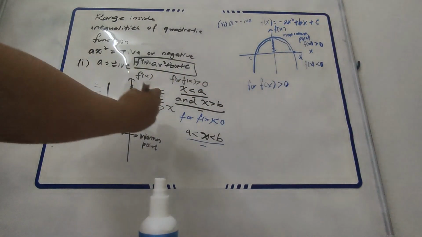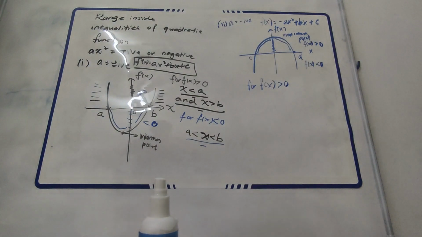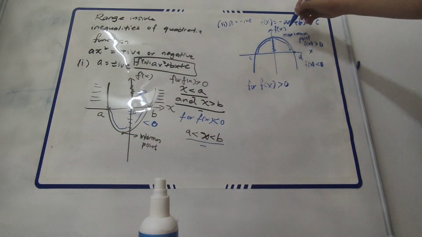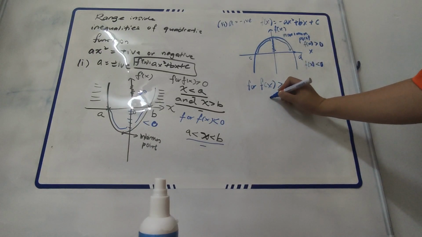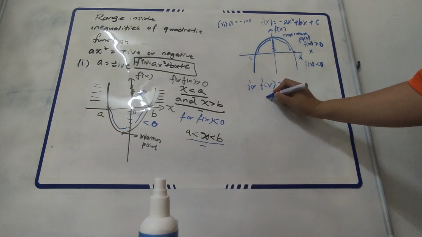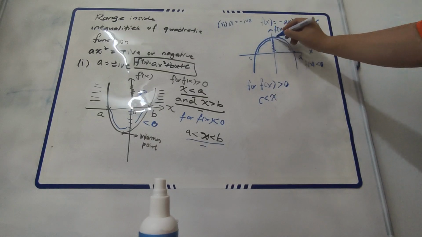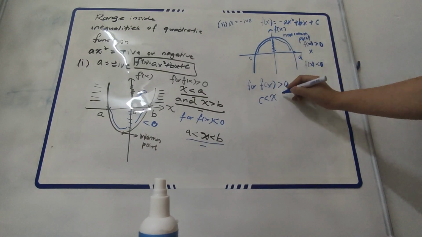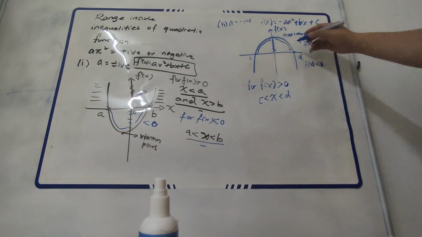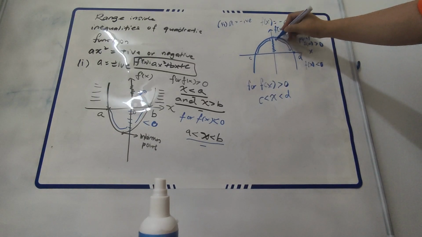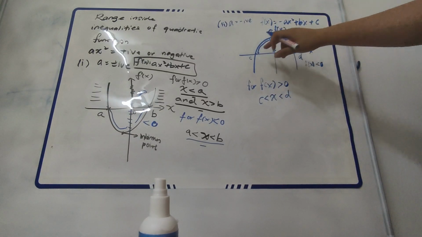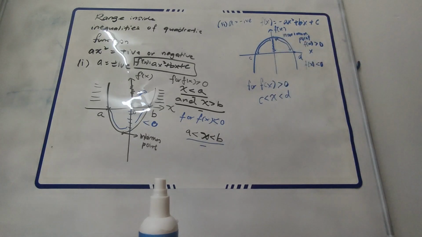So for f(x) bigger than 0, your x must be bigger than c, that means come to here, from negative to positive, but need to be smaller than d. That means your moving range is from this point to this point only.